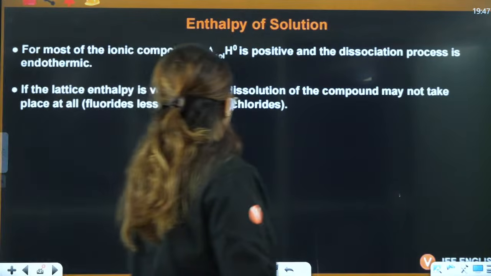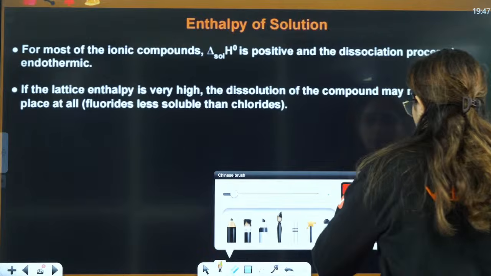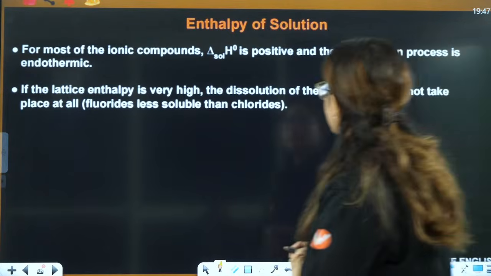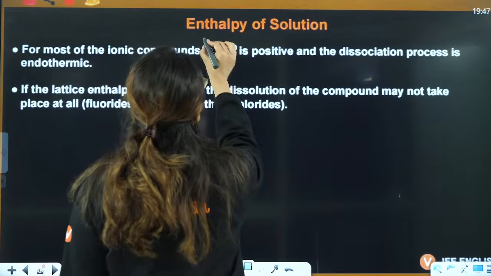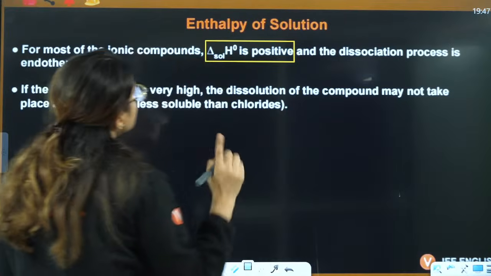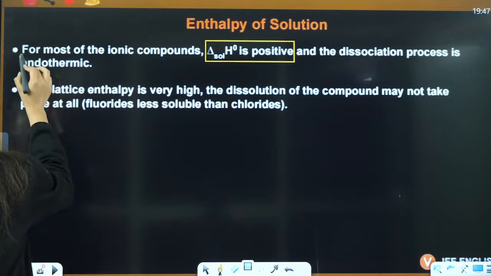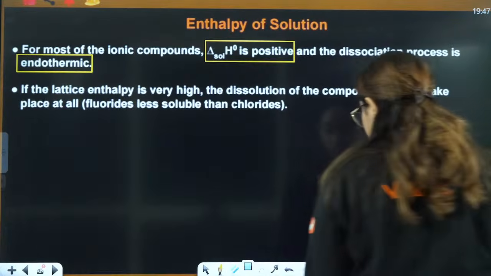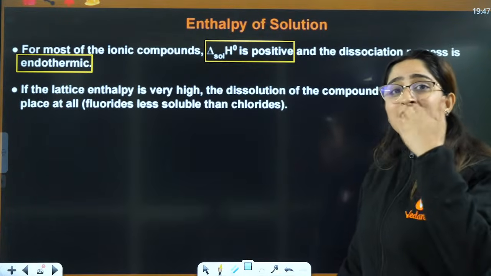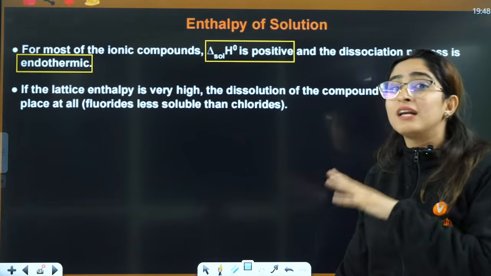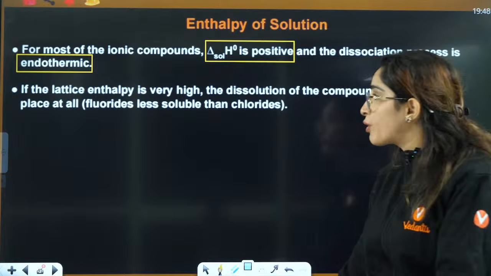Okay, enthalpy of solution. For most of the ionic compounds, delta H solution is positive, and the dissociation process is endothermic. That means for most ionic compounds, energy is required to dissolve it in water. It is not released, it is required. It's an endothermic process.